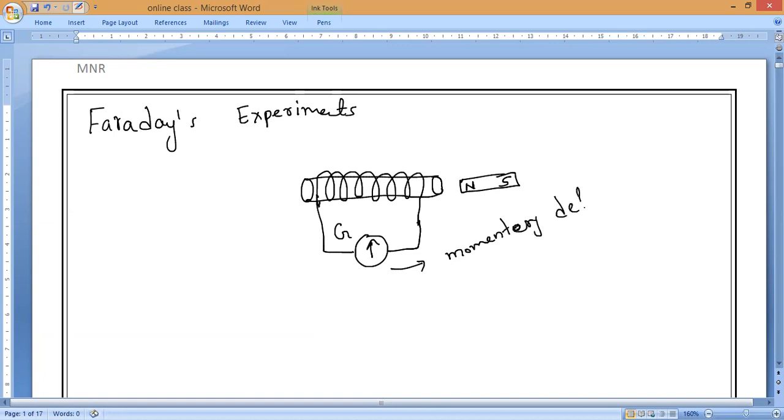In the last class we studied completely how the current flows, what the direction of the current is, and how the galvanometer will deflect. North pole goes inside, north pole comes outside, south pole goes inside, south pole comes outside. Yes or no? Yes, the same way as I told you.